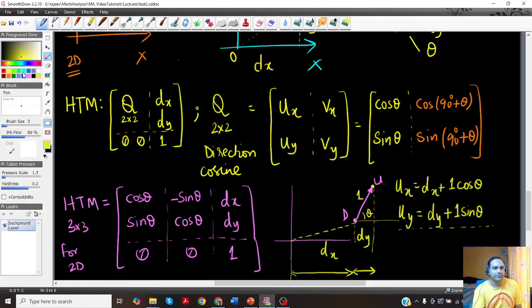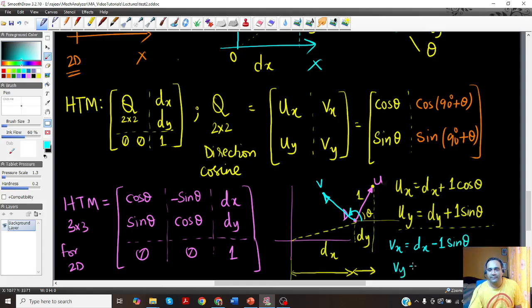Now what else do we need? Let's say I want to find value of point V, the tip of this. If you observe, this angle will be 90 plus theta, so dx plus 1 into cos of 90 plus theta, so I'll write it directly. Vx will become dx plus cos of 90 plus theta is minus sine theta, minus 1 sine theta.